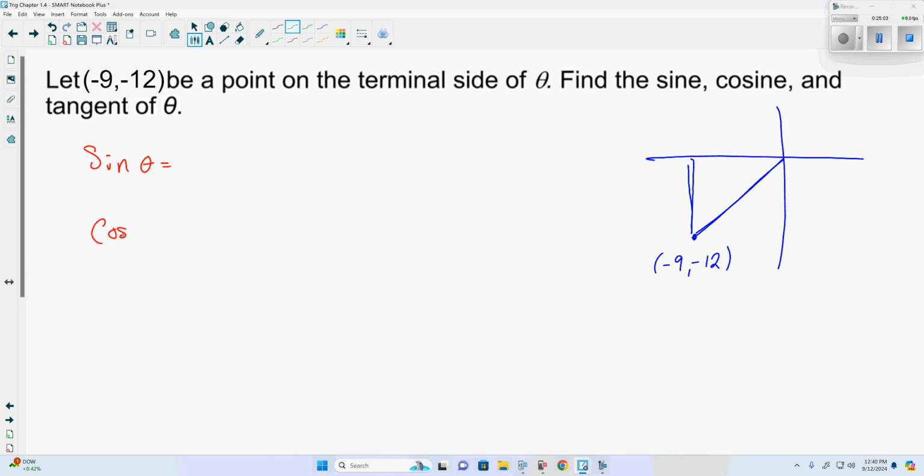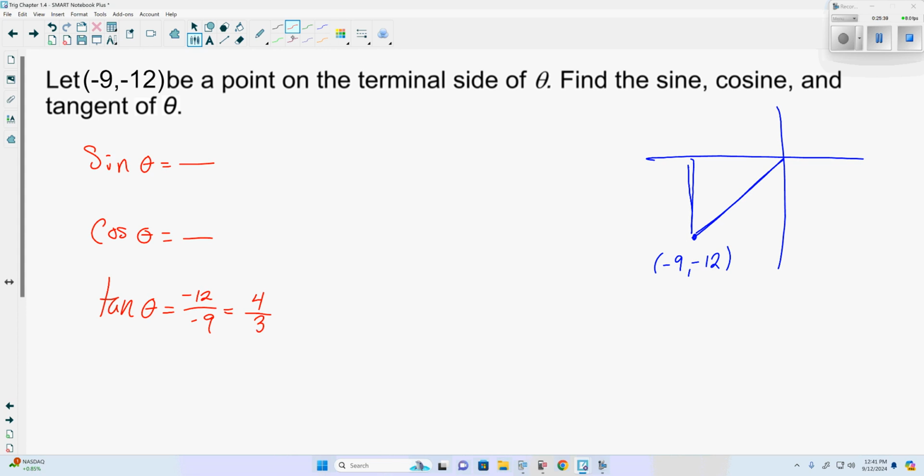Cosine of theta is going to be x over r. And tangent of theta is y over x. Now tangent we can get just from the point, because our y value is -12 and our x value is negative 9. So tangent of theta is equal to negative 12 over negative 9. And that can reduce. The negative and negative give us a positive, and 12 over 9 would be 4 over 3.